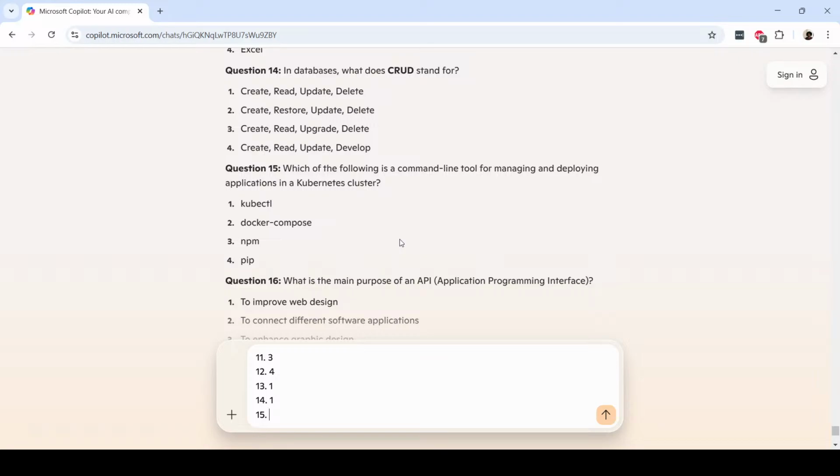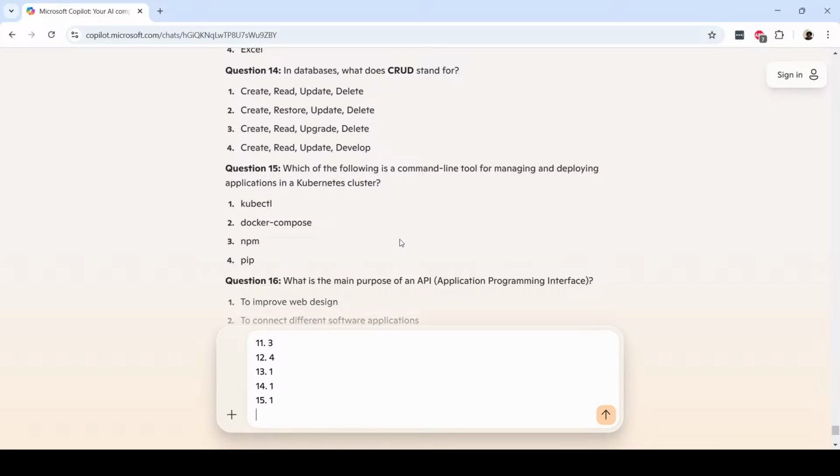Which of the following is a command line tool for managing and deploying applications in a Kubernetes cluster? Kubectl, or Docker Compose. Oops, this is the following command line tools.